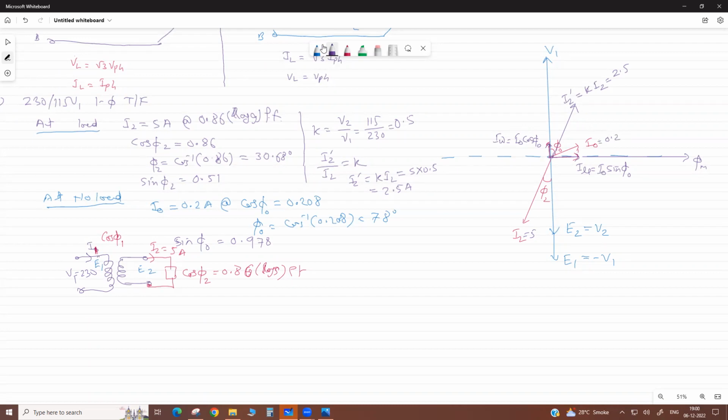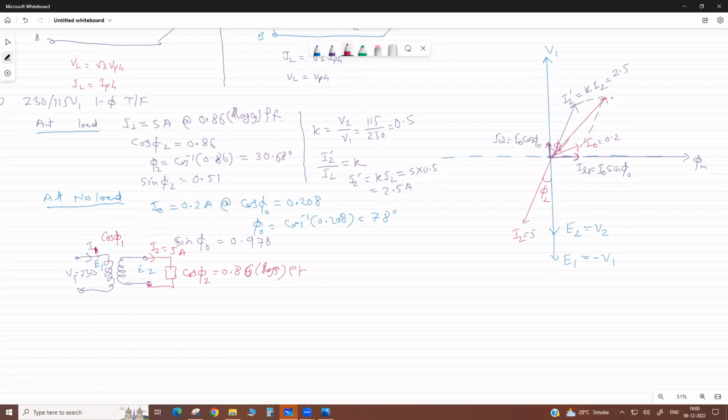Now we take the vector sum of these two currents.